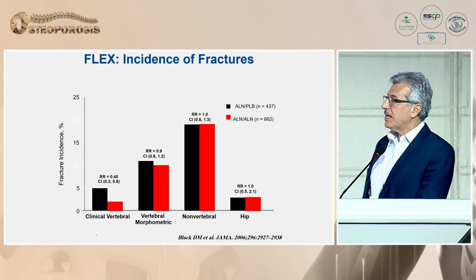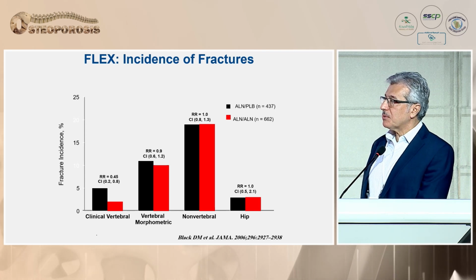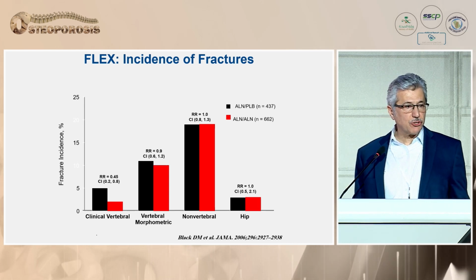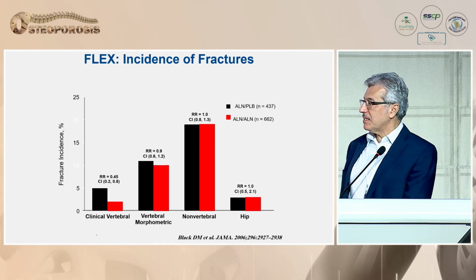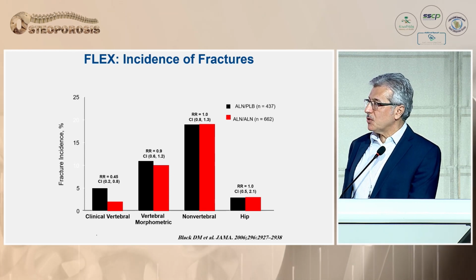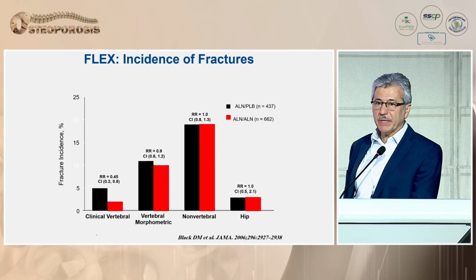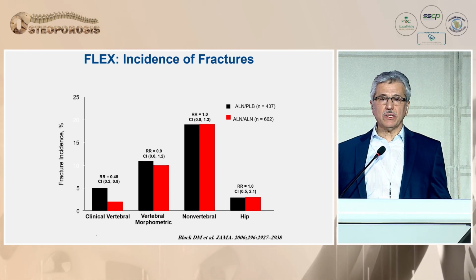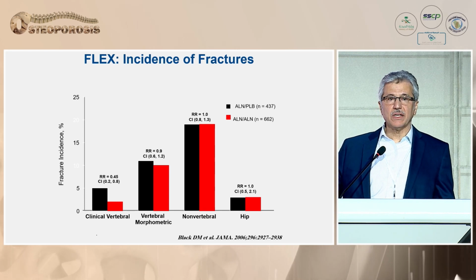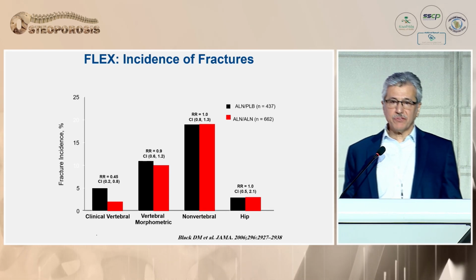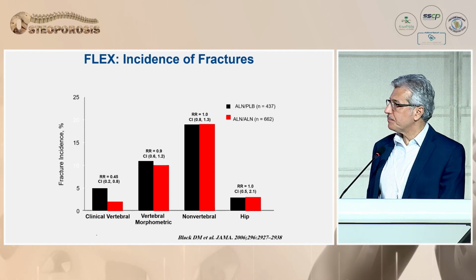And you see that for hip and non-vertebral fracture, there was no difference between the two groups in terms of fracture rate, whereas in the vertebral, especially clinical vertebral, those who continued on alendronate did better. So this is where the idea of discontinuation of bisphosphonate came in, because the effect of the treatment can last for a few years after stopping the medication.